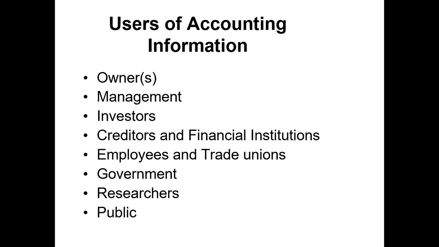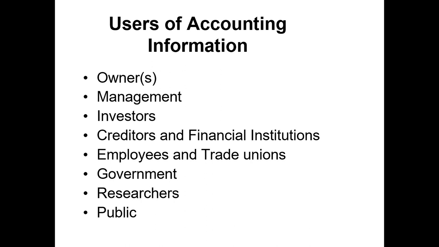Okay, so in the first video, we talked about users of accounting information. These are the various parties who are interested in the accounting information. These are owners of the firm, management for decision making, investors for further investment into the firm, creditors and financial institutions for credit to be given to the firm, credit related to the raw material, and financial institutions related to the loans to be given to the firm.